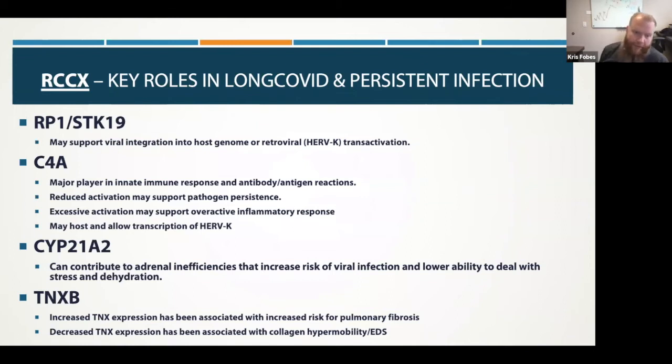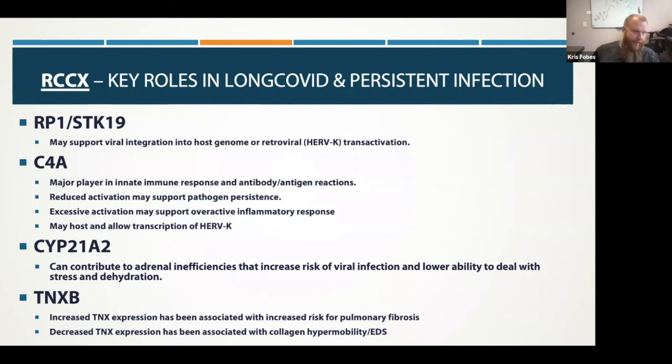CYP21A2 can lead to adrenal inefficiencies, increased risk of viral infection, and lower ability to deal with the stresses and also dehydration that could be associated. And then last but not least, the TNXB stuff. Increased TNXB has been researched and associated with increased risk for pulmonary fibrosis, which is something we commonly see in these COVID cases.